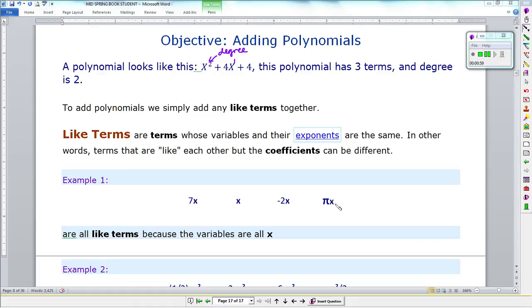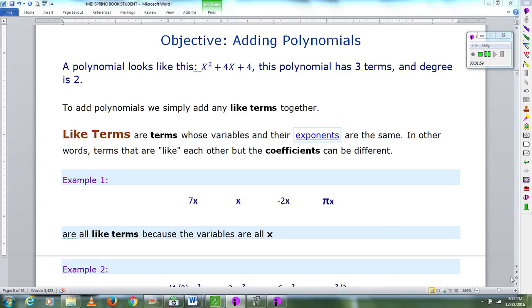These 4 terms are like terms because they have the same variable x, and each also has the same exponent, which is 1. If the exponent is 1, you don't have to write it down. So we call these 4 terms like terms.